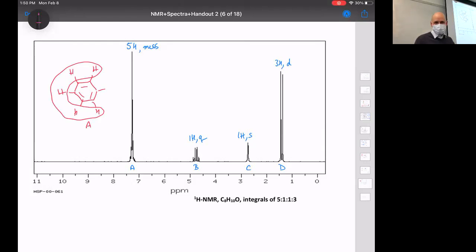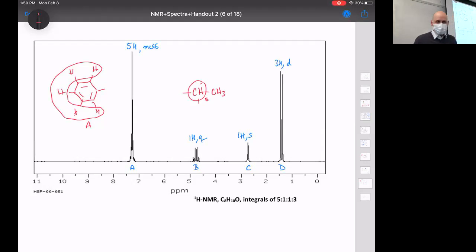Your environment B is a 1H quartet. So it definitely is a CH, since it's a quartet. It has 3 hydrogen neighbors, and the way to account for that would be a CH2 and a CH, or a CH3. You can tell that you don't have any CH2s anywhere, so it's just got to be a CH3. So it's got to be next to a CH3.